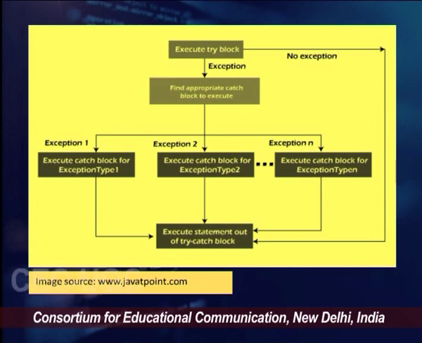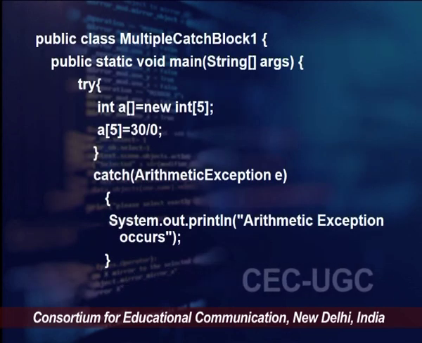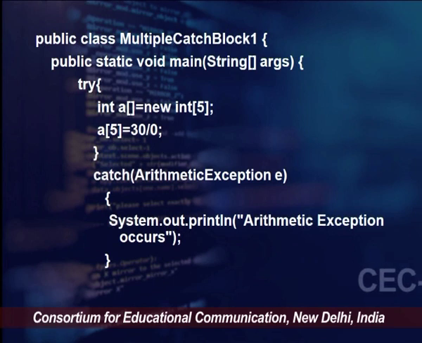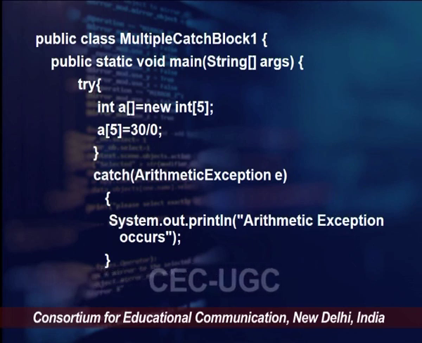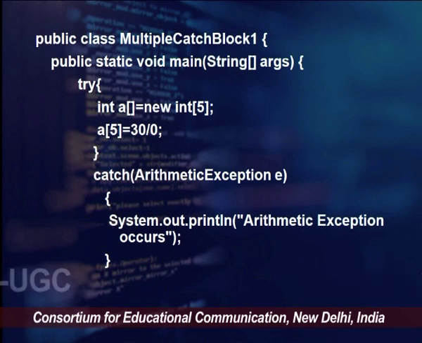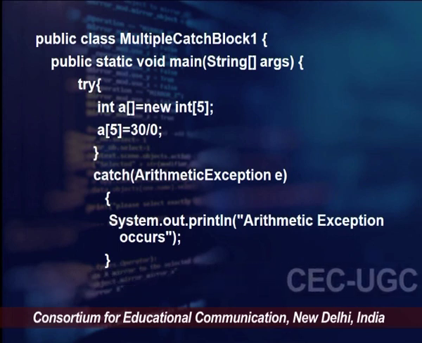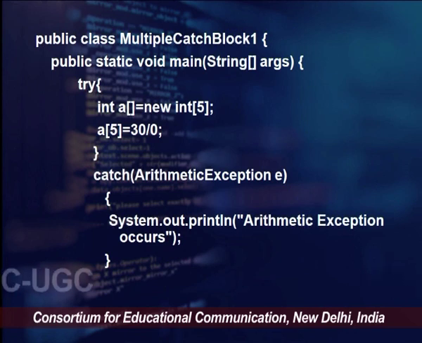So, let us see this with the help of an example. Inside the try block we have two statements. One is the declaration of an array: A is an integer type array of 5 integers, declared with the statement int A[] = new int[5].